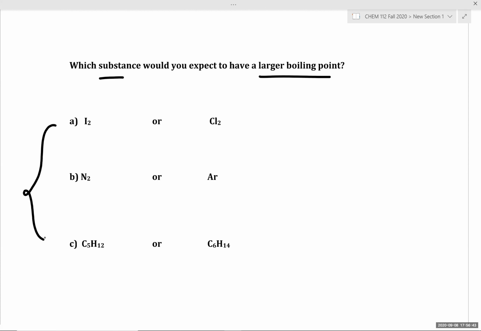So let's try to get some responses in the chat for these three sets of molecules. And you may want to try drawing out the structure for each of these molecules and indicating which would have the larger boiling point.